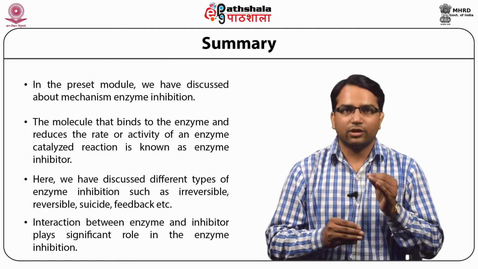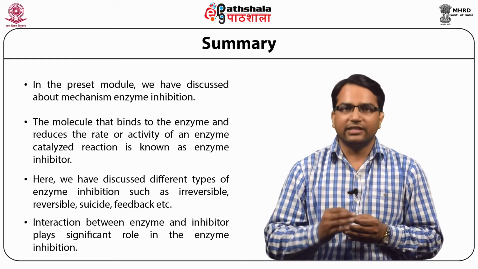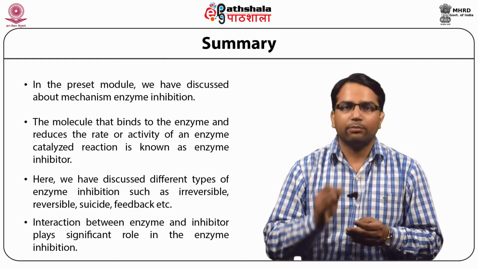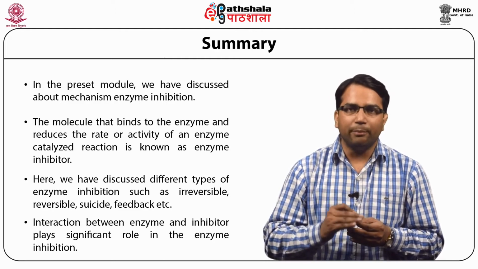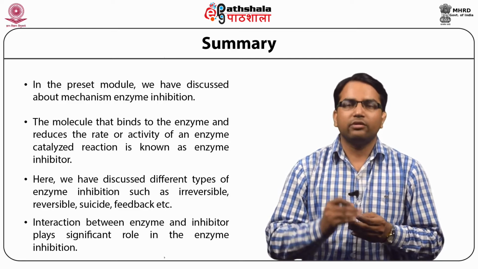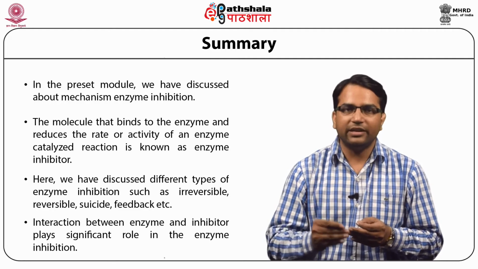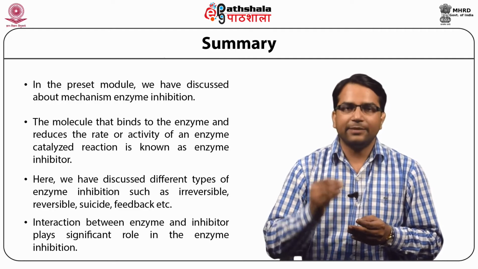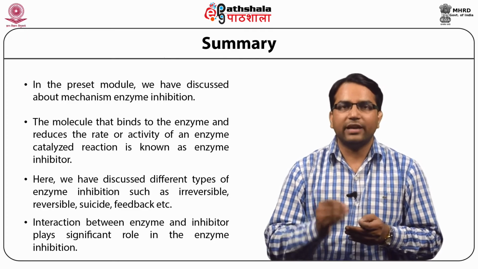Then we discussed suicide inhibition, where the inhibitor is itself a prodrug or pro-inhibitor, which is not an inhibitor, but because of mechanism-based conversion, that prodrug is converted into an active inhibitor, so it will inhibit a particular enzyme. At the same time, we have discussed feedback inhibition.